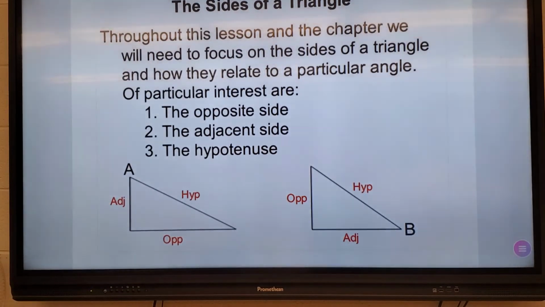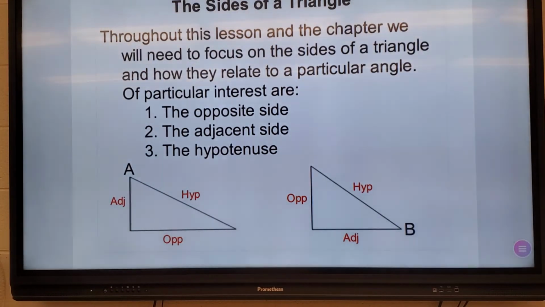For the sides of a triangle, you're going to have to find 3 kinds of sides here. You're going to find the opposite side, the adjacent side, and the hypotenuse. Okay, not so much find, but label. I'm going to tell you to either use angle A or angle B to set up these ratios.